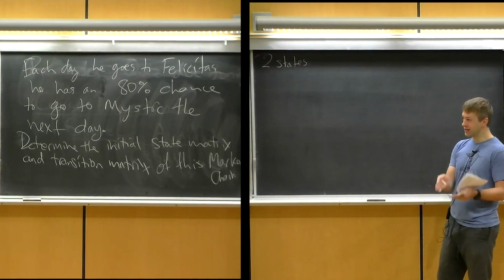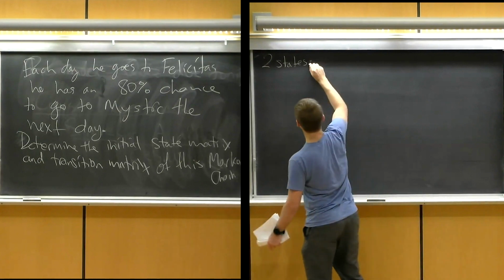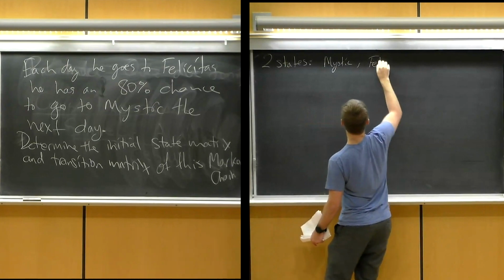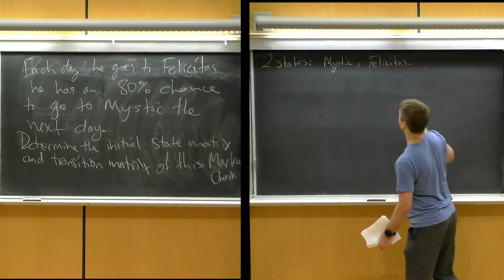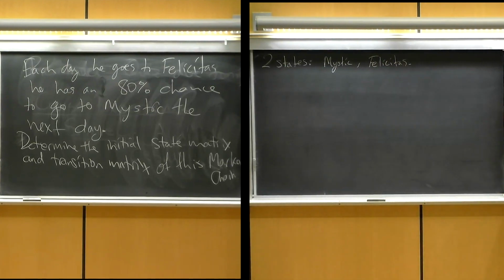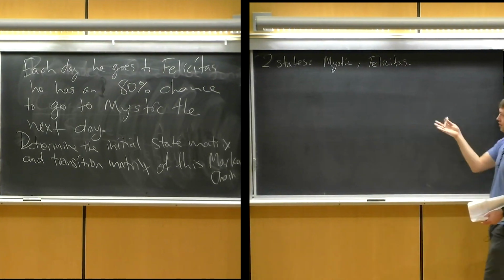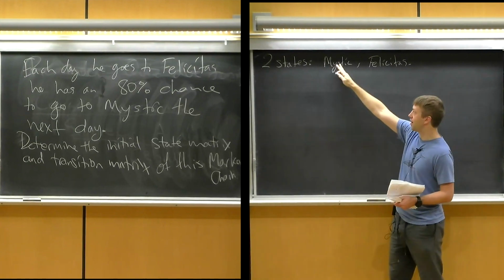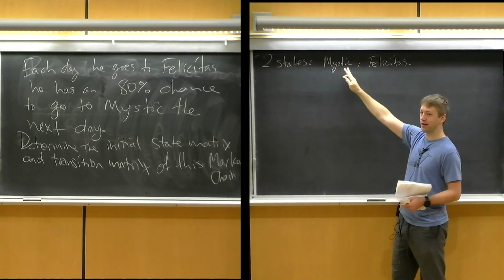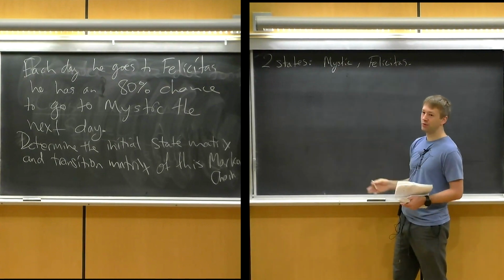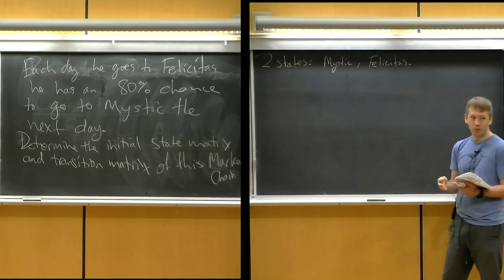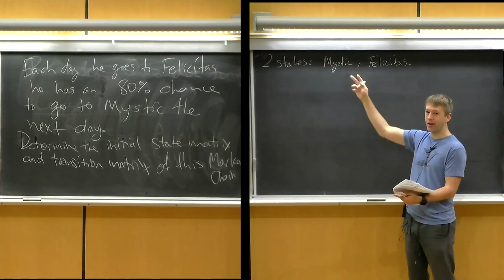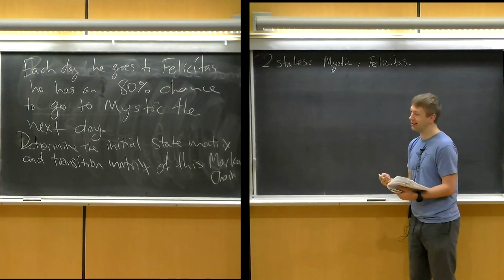So my two states are Mystic or Felicitas. In all of the matrices, we're going to represent the states in this order: Mystic is state 1, Felicitas is state 2. It doesn't really matter which way you represent your states, you just have to be consistent and not get confused.